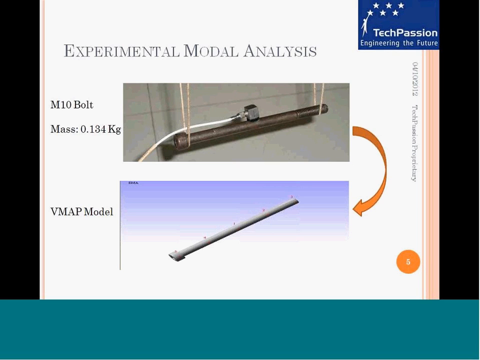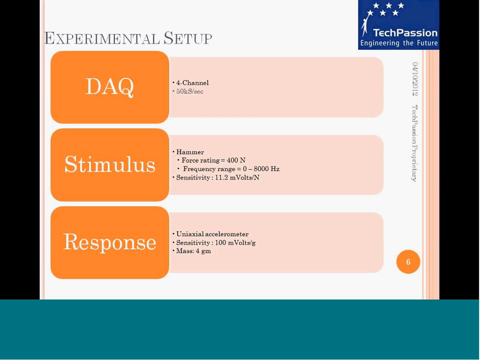But in this case, we use the sensor on this bolt, which is 134 grams in weight. When this model is translated within the VMAP software, this shows the bolt and 5 locations where the sensor was mounted and measurements were done.